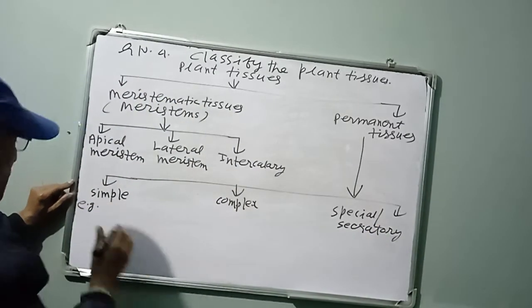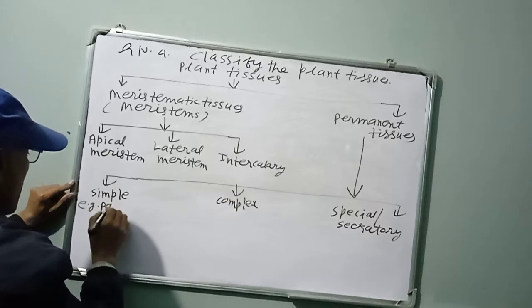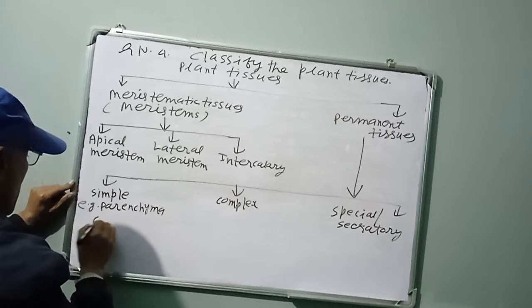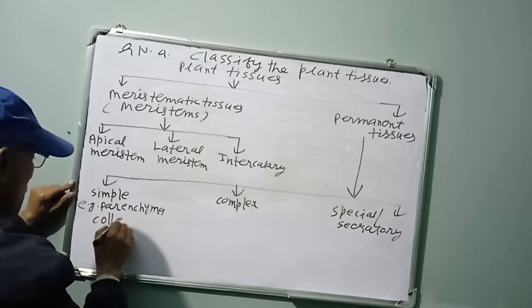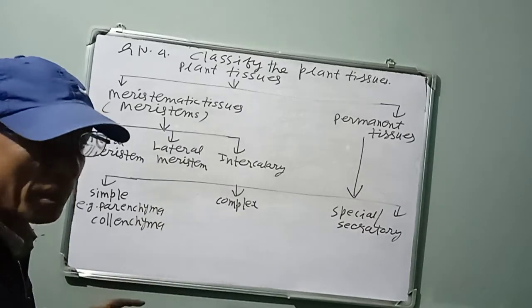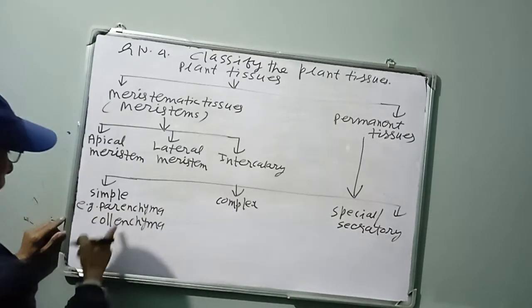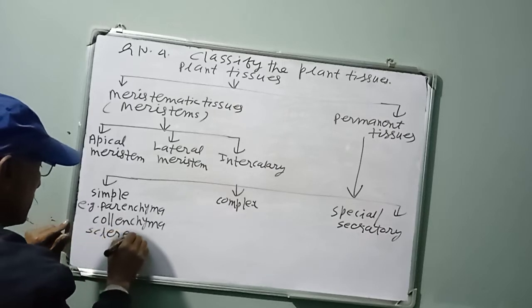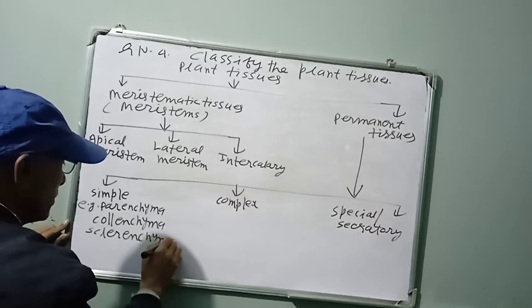Simple also mainly three types. Parenchyma, collenchyma, chlorenchyma also having chlorophyll. Parenchyma, collenchyma, sclerenchyma.